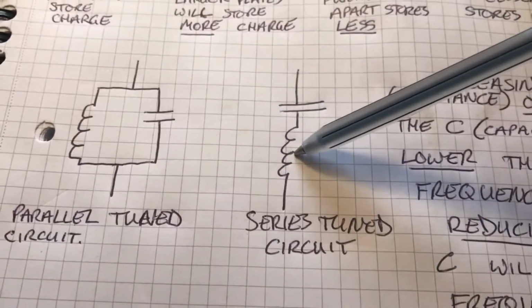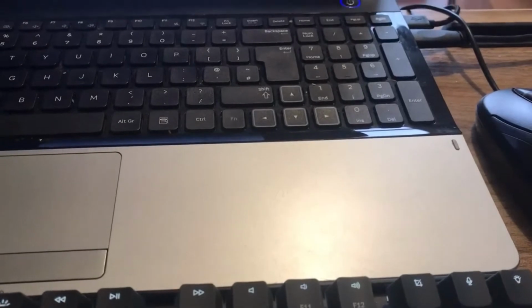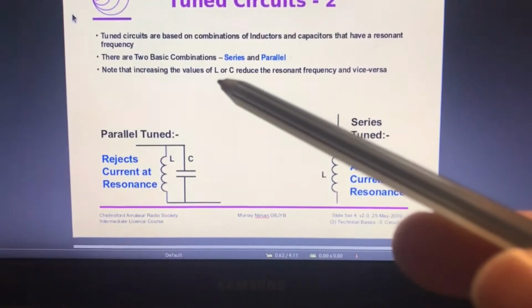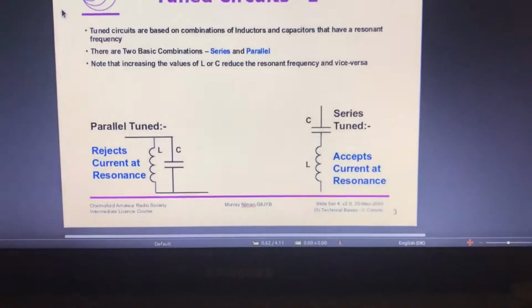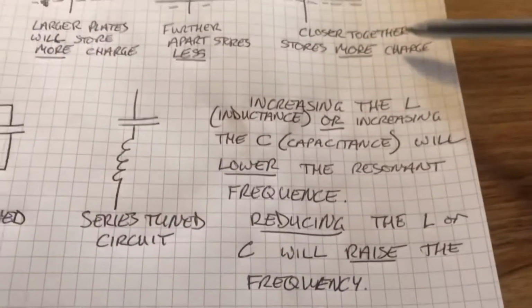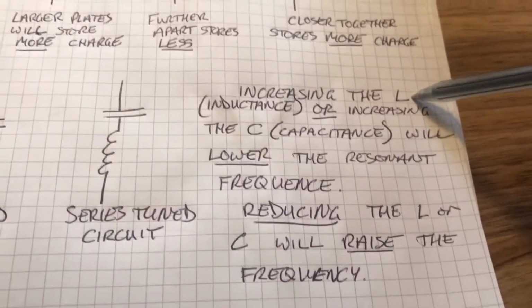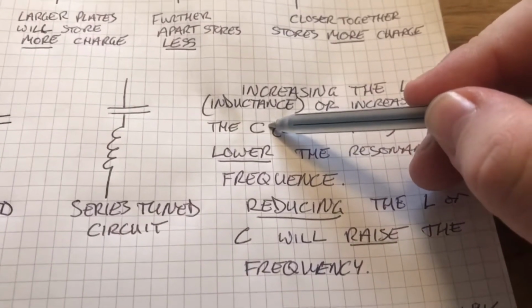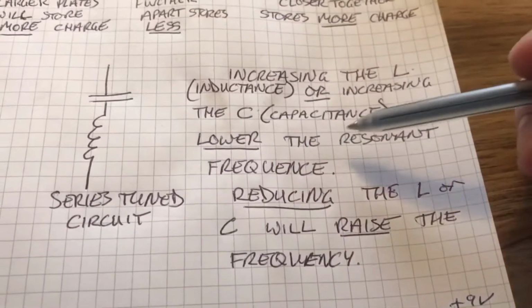We've got the inductor, which is the L, and the capacitor, which is the C. And we know from that training, let me just find it on the system here, that if you increase the value of the inductor or the capacitor, this reduces the resonant frequency, and vice versa.